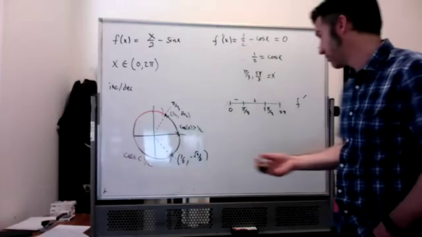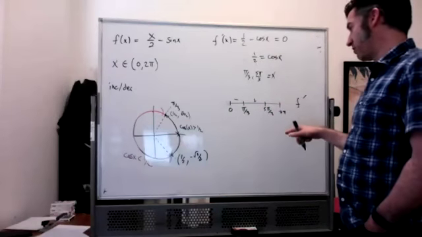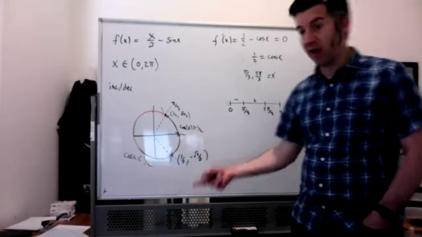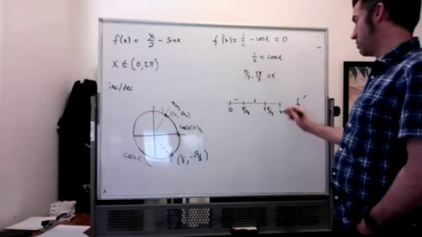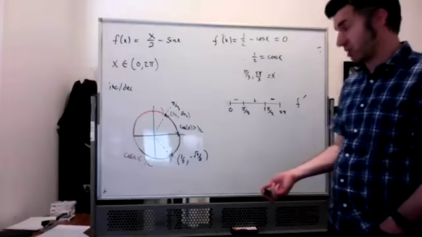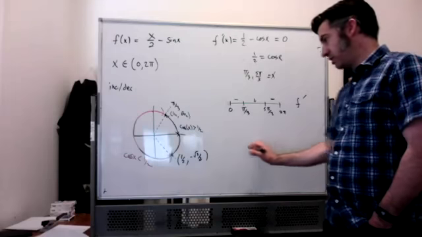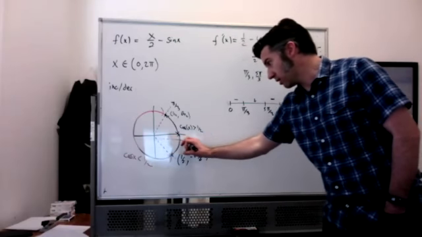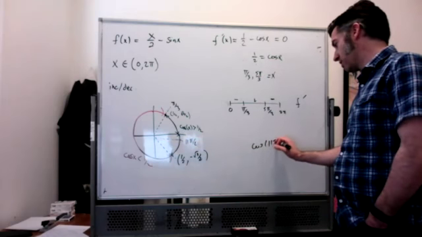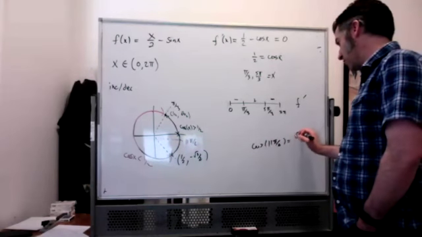It's 3/2. And then finally, between 5 pi over 3 and 2 pi, we're in this region where cosine is bigger than 1/2. So this minus cosine is going to be negative. You could also pick something like 11 pi over 6, which is right there. And cosine of 11 pi over 6 is √3/2.